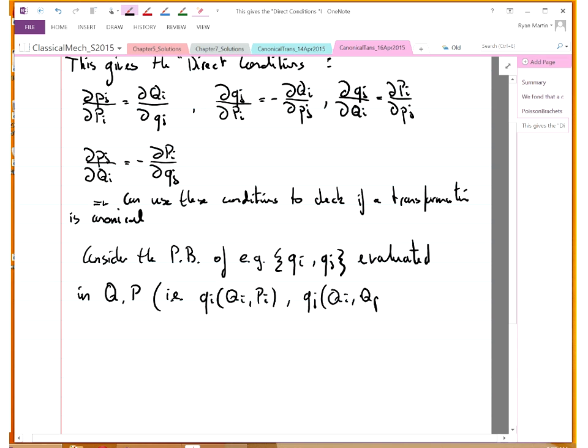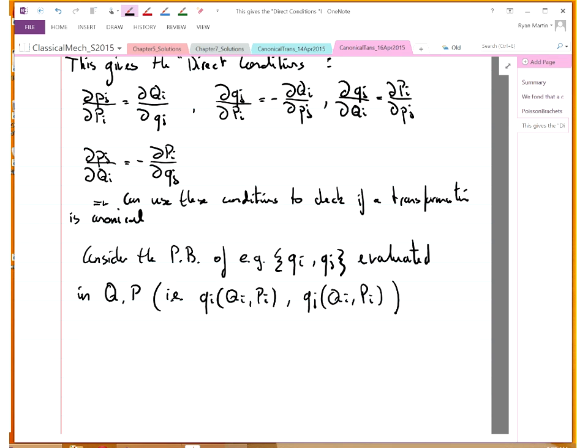What I mean is that we consider lowercase qi now to be just some function of the capital Q's and P's, and we think of qj as some other function of the capital Q's and capital P's. So forget that the q's are canonical variables in their own coordinate system.